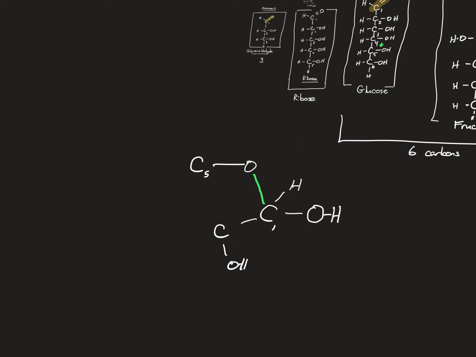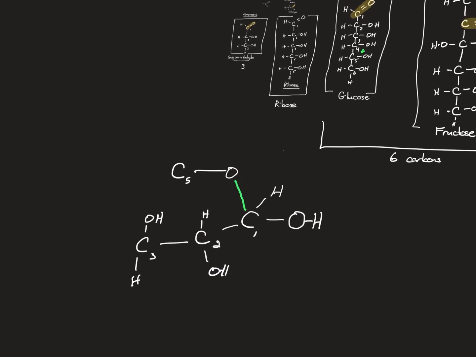Remembering that each of these has an OH. Another carbon. So that's the 2nd carbon, that's the 3rd carbon. There's an H and OH. And they tend to alternate, like one OH going down, one up. That has to do with the repulsion of the electrons and the molecular geometry of chemical bonds. We're not going to get into that.